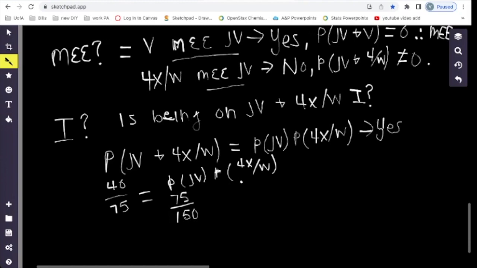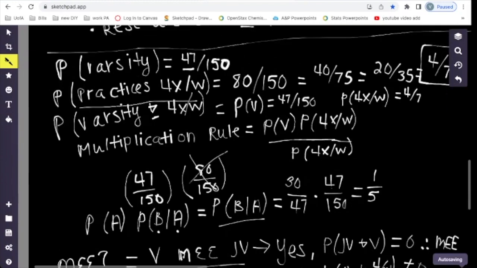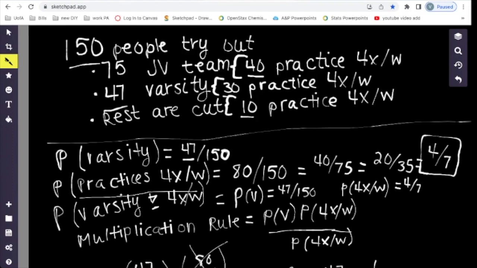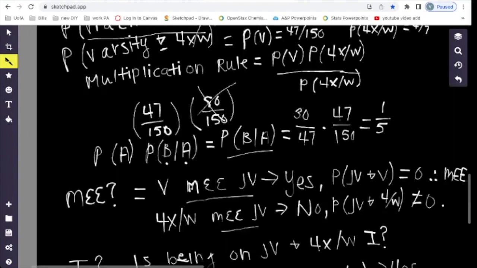And the probability of them practicing 4 times per week was 80 out of 150.